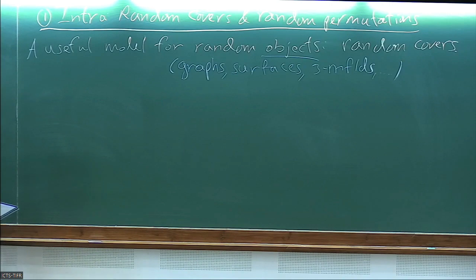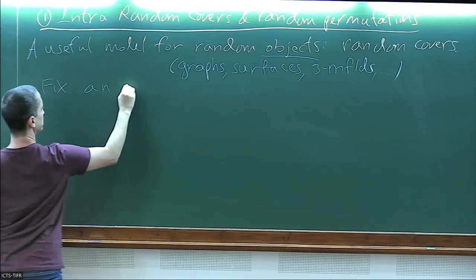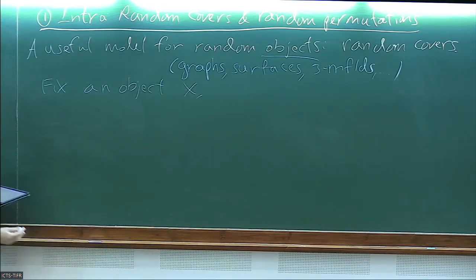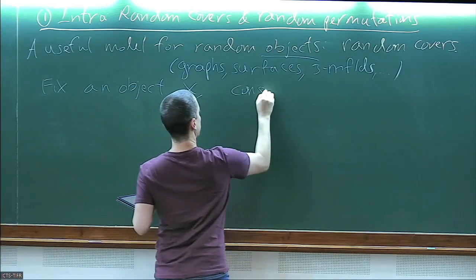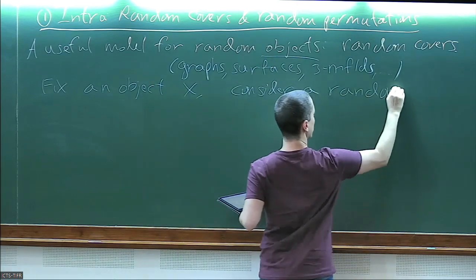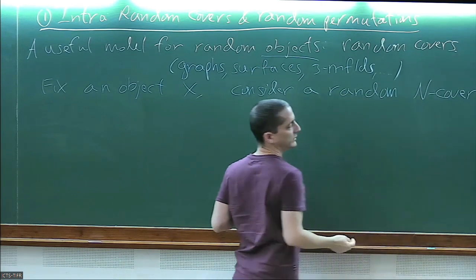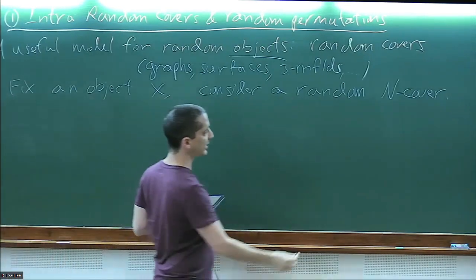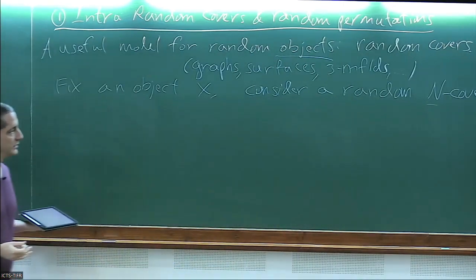And the model is you fix an object X in this category, so it could be a graph or a surface, and you consider a random, let's say, n-cover. I'm going to use the word cover for topological covering space, and n-cover is an n-sheeted covering space.